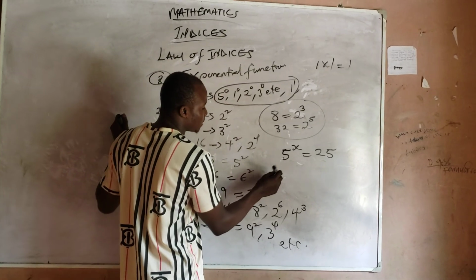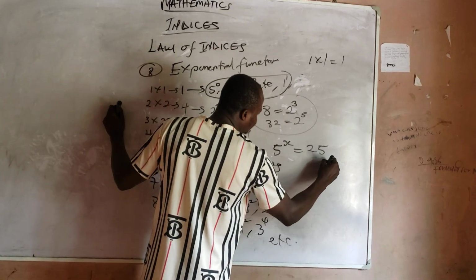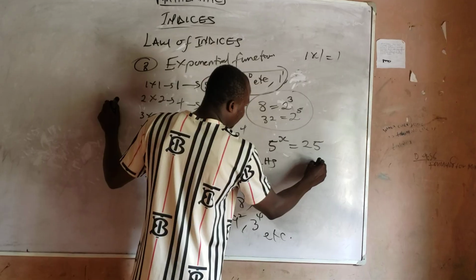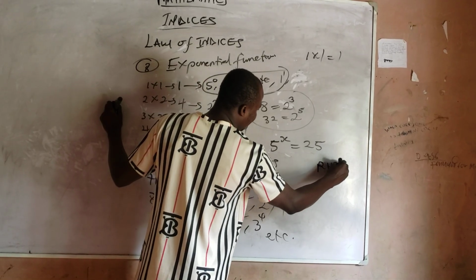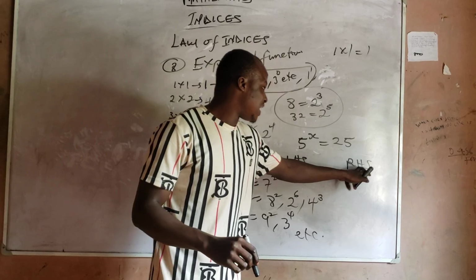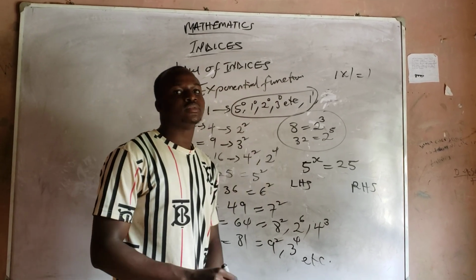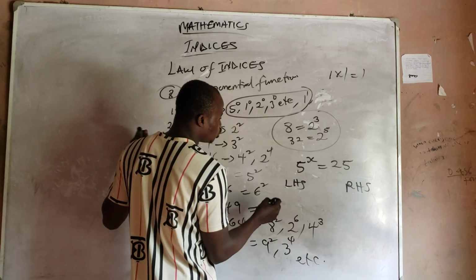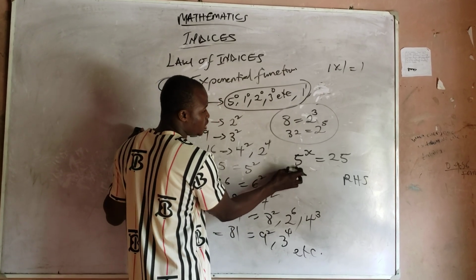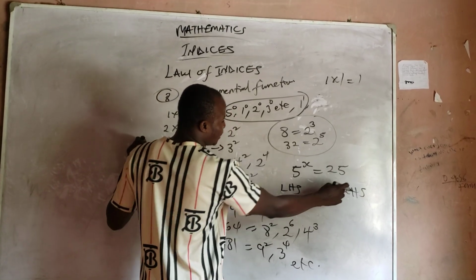What I'm going to do is that this place is the left hand side, and this place is the right hand side. So what you are going to do is make the base of the left hand side equal to the base of the right hand side.